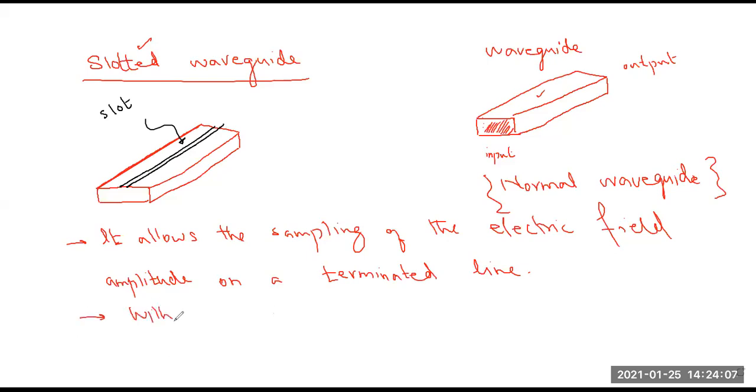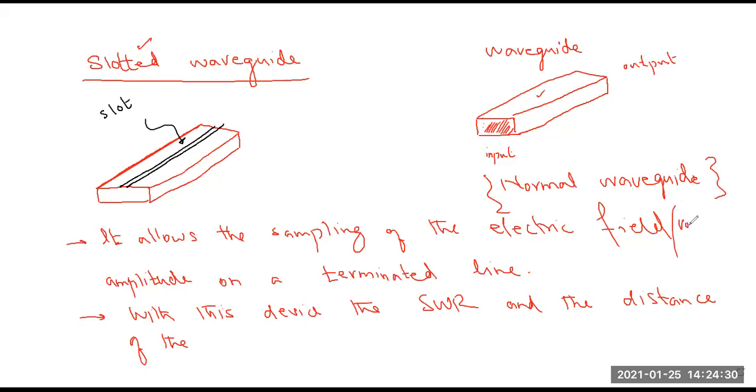With this device, the standing wave ratio, that is represented as SWR, and the distance. Let me put also electric field or voltage so that we can make use of circuit theory as well as field theory.